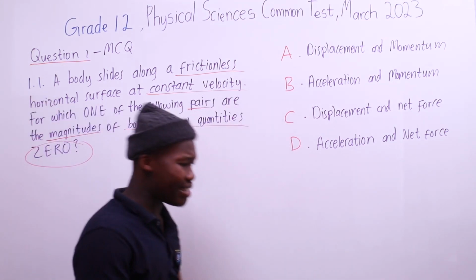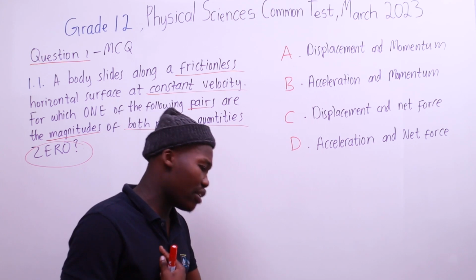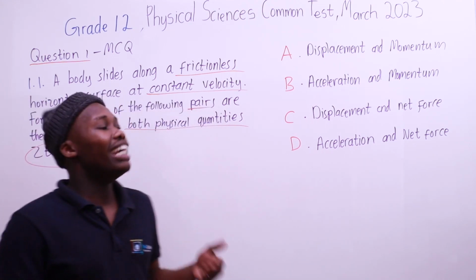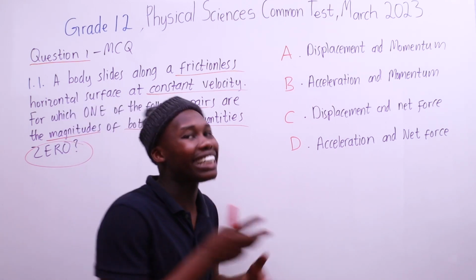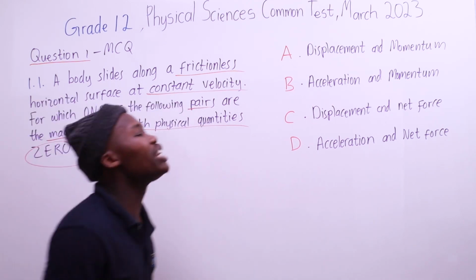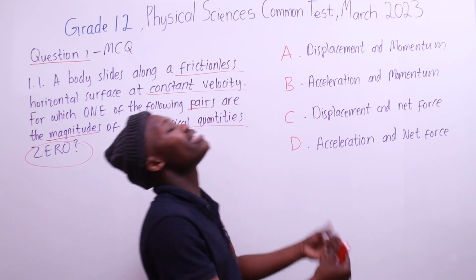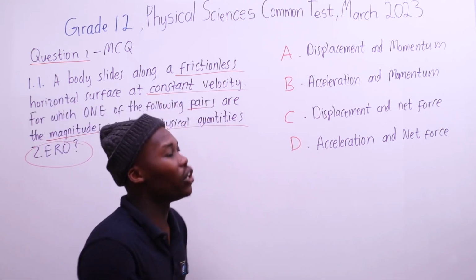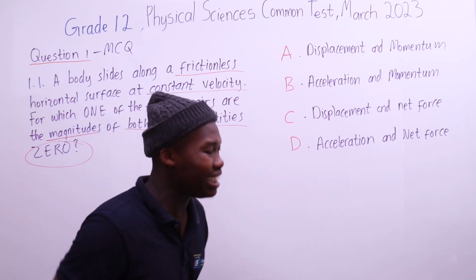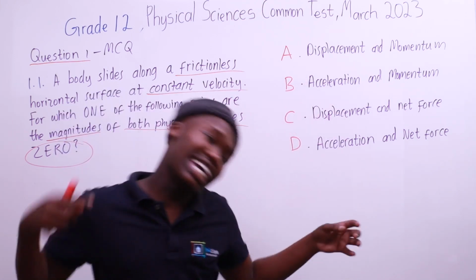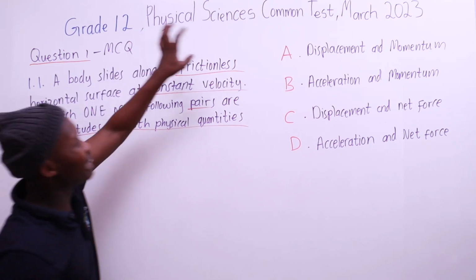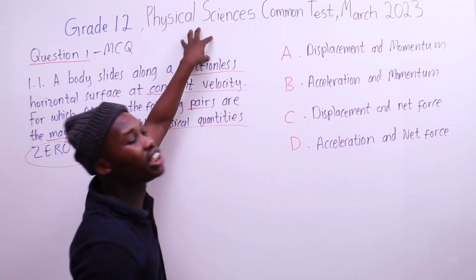Uqonda ukuthi le surface abahamba kuyona does not have friction. Okusho ukuthi it is smooth and not rough. Uyayizwa into le. Ayikho into ezama ukubuyisela i-system emumva while iya phambili. Ayikho i-force. There's no energy that opposes i-energy eya kwi-original direction. So i-frictionless, there is no friction.